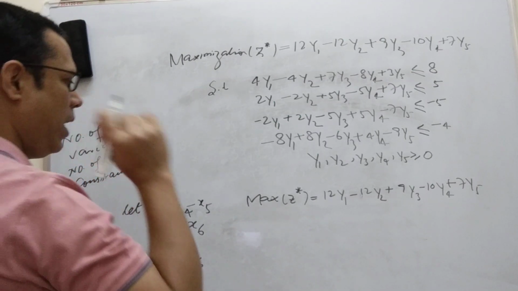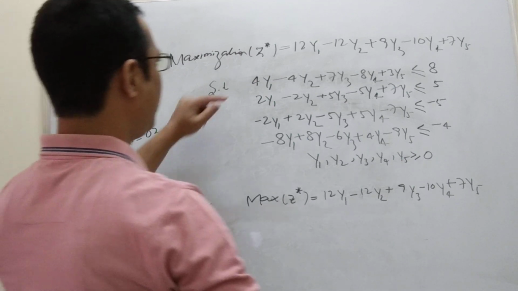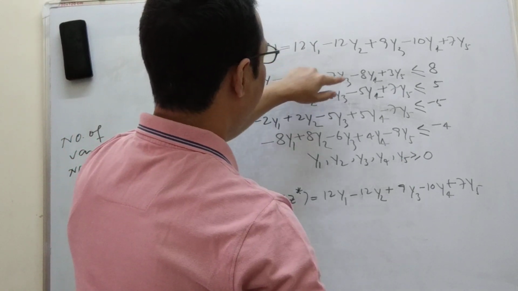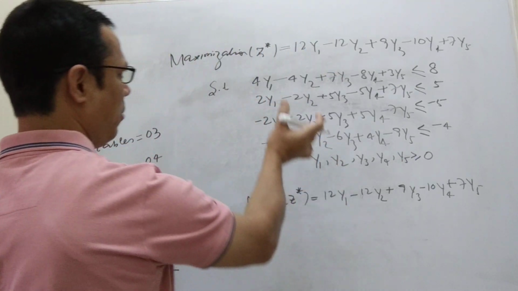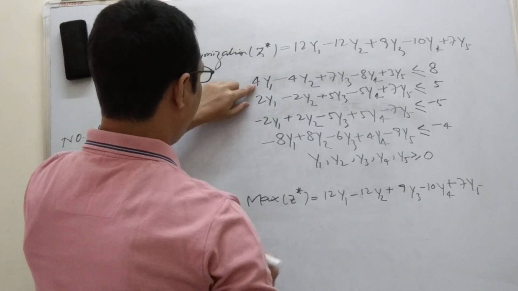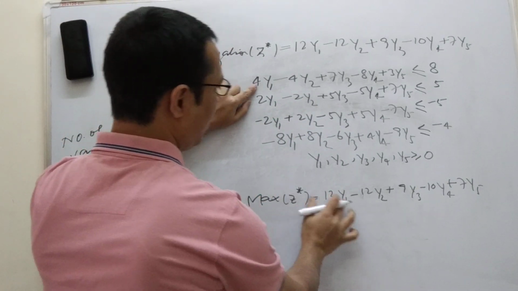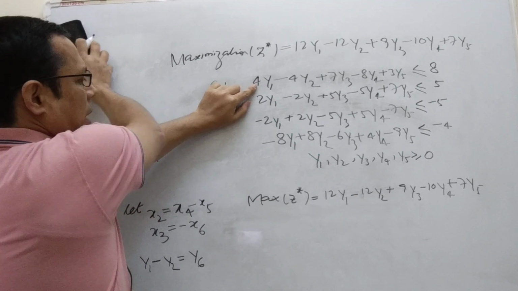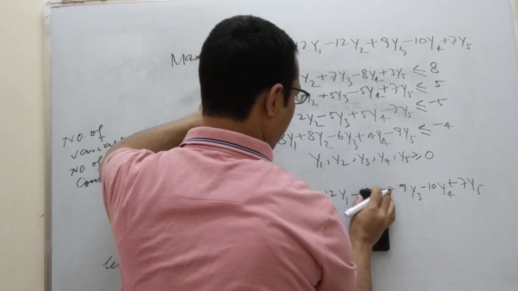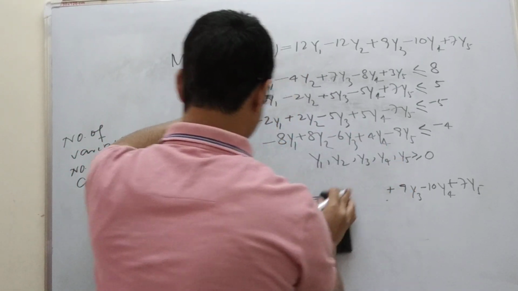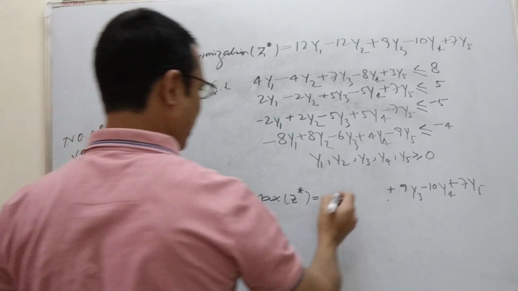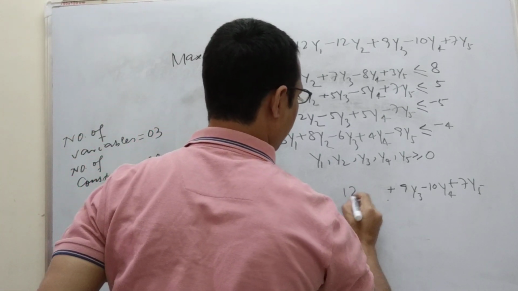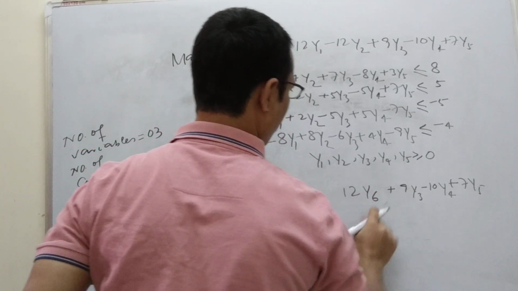Now y3, y4, y5, the rest of the 3 variables will be here. So now we can write 12 y1 minus y2 can be replaced, y1 minus y2 we consider as y6. So 12 y6.